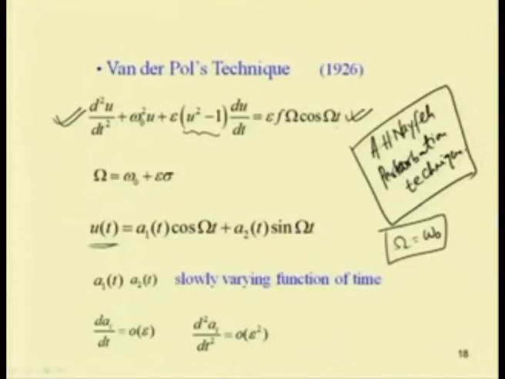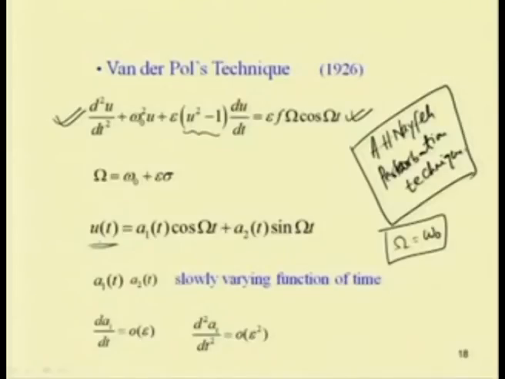So, this u(t) that we considered is equal to a₁(t) cos ωt + a₂(t) sin ωt. The amplitude of vibration will be the square root of a₁² + a₂². Or one can write u(t) in terms of a single term, a cos(ωt + φ). In that case, the amplitude one can find from these two expressions.